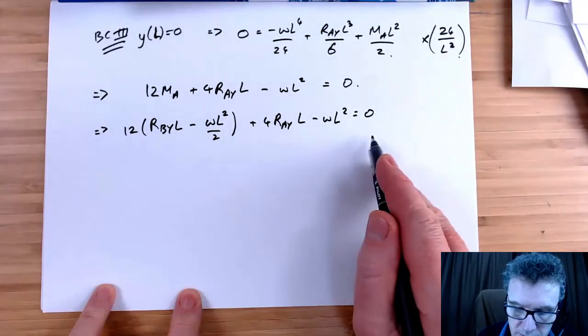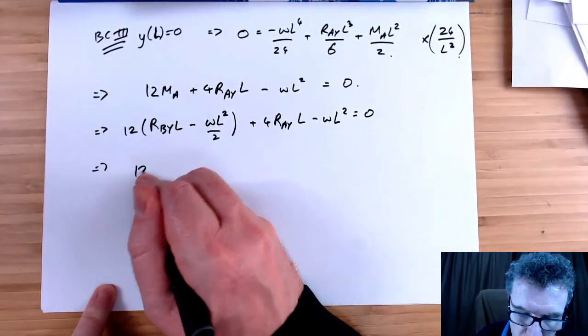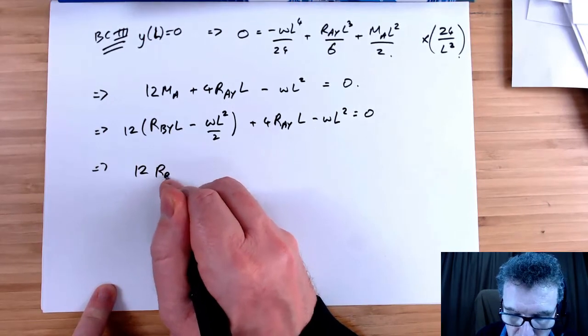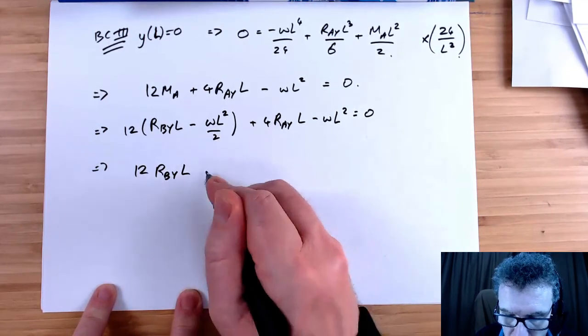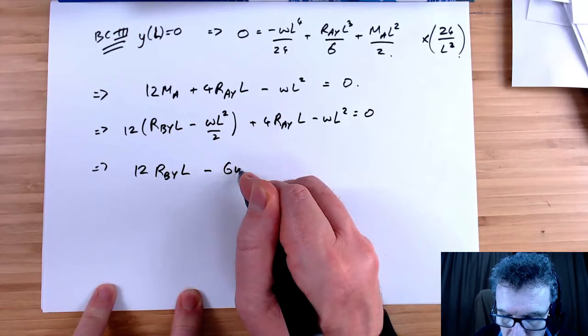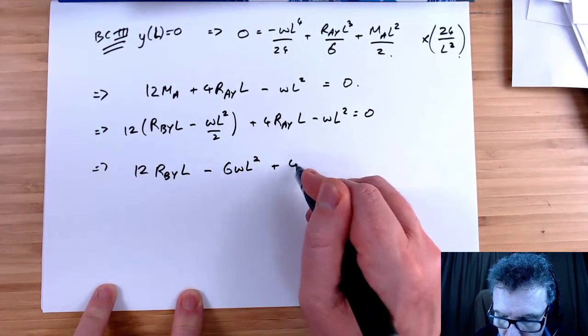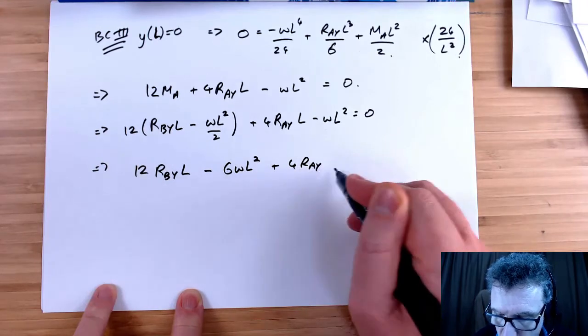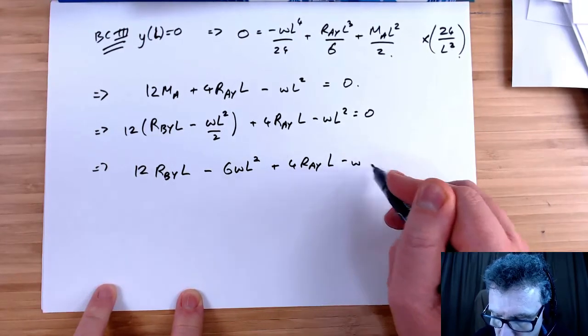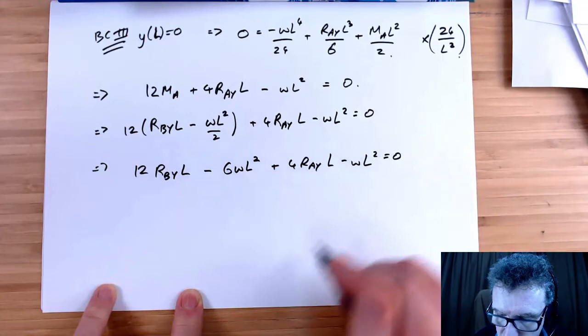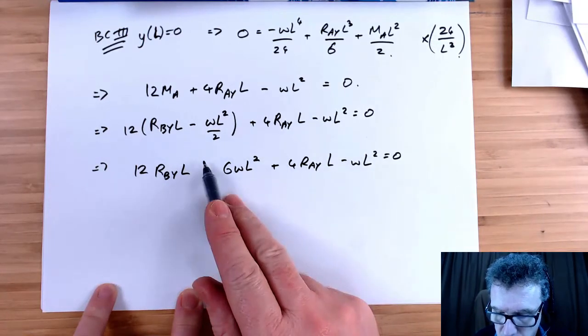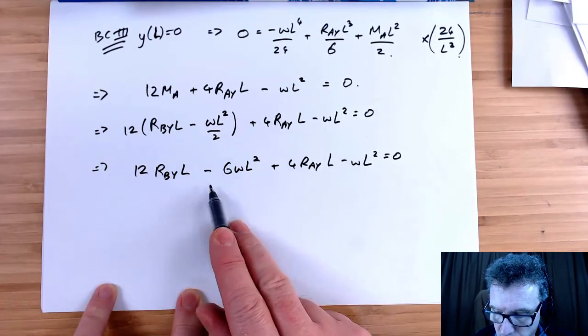Right, multiply this out. So we've got 12 RBY times L, take away 6 little w L squared plus 4 RAY L, take away little w L squared equals 0. Doesn't look particularly good. And then up with a minus 7.